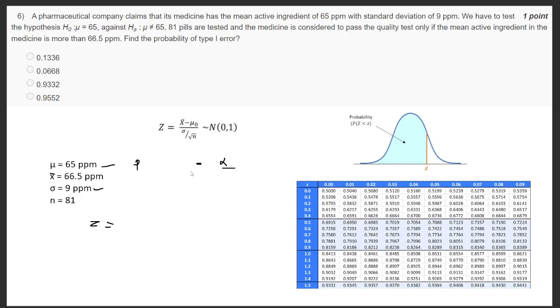The standard normal variate value is given by 66.5 minus 65 divided by sigma, which is 9, into root 81.